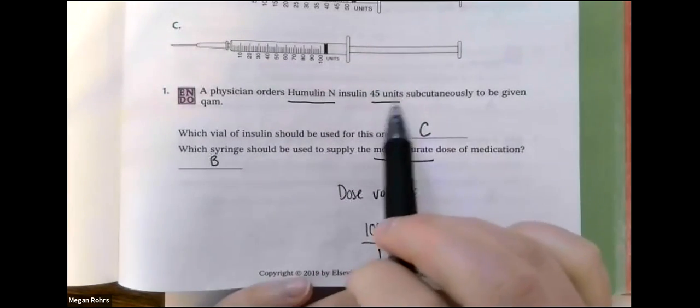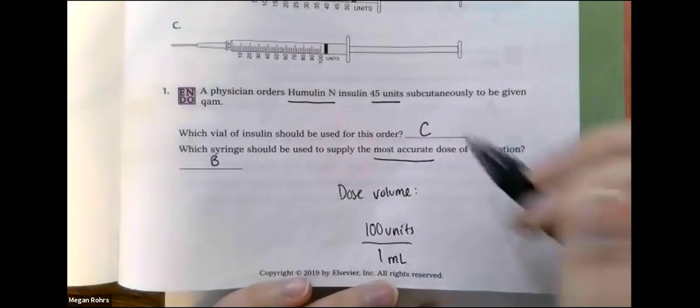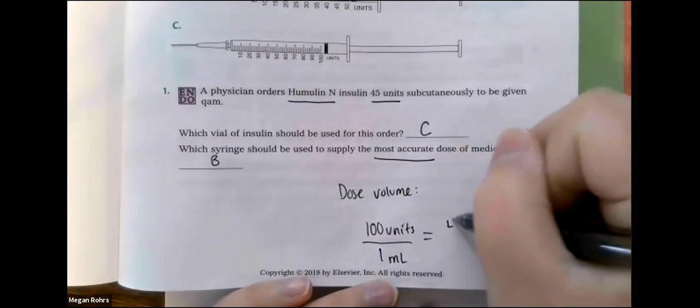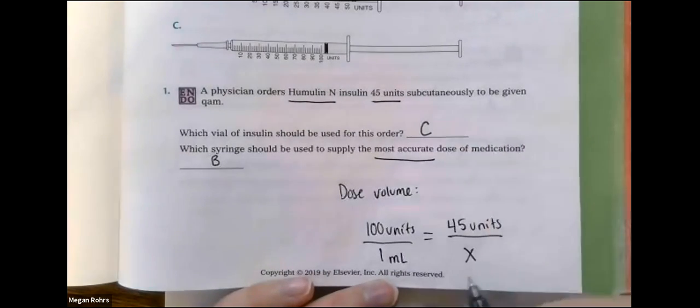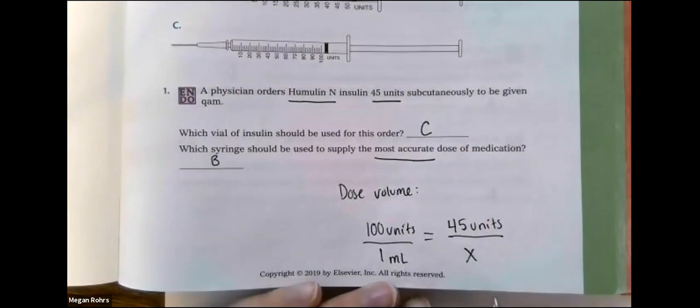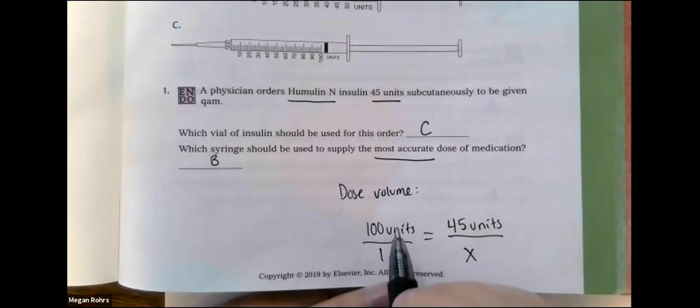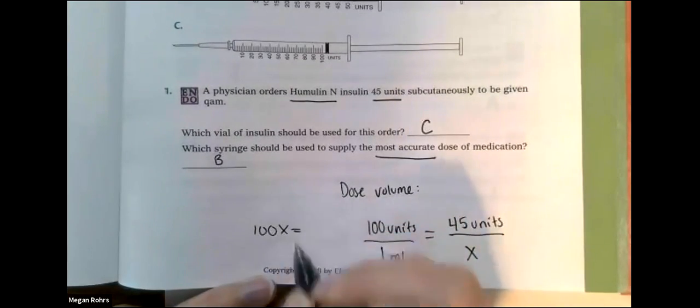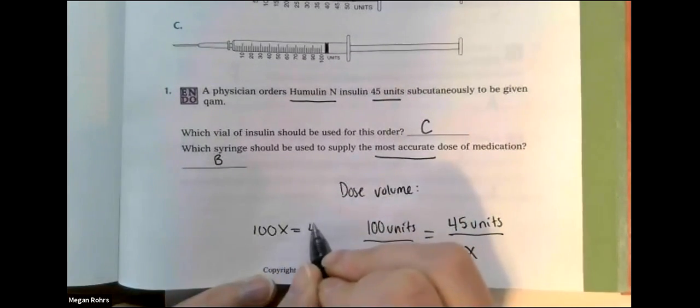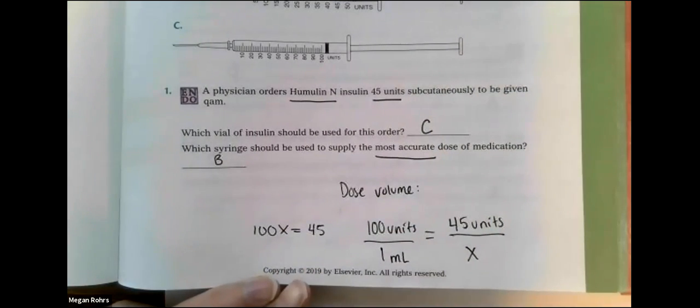So in this case, if we needed to draw up 45 units, we could set that equal to our strength and then just solve for x to give us our dose volume. So here we have 100 times x gives us 100x equals 45 times 1, which is just 45.